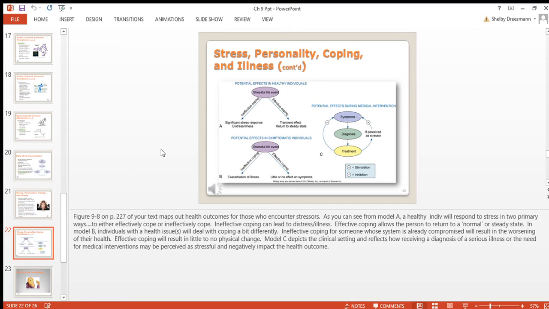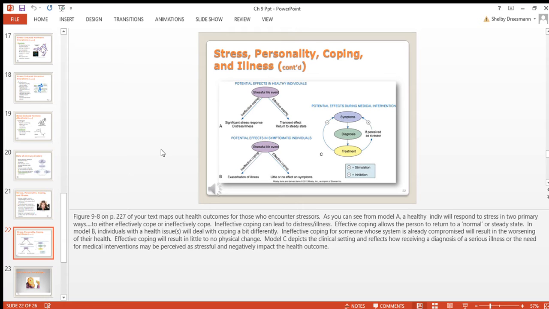Your text maps out health outcomes for those who encounter stressors. Model A is a healthy individual that responds to stress in two primary ways: to either effectively cope or ineffectively cope. Ineffective coping leads to distress and illness. Effective coping leads to a normal steady state. However, Model B is an individual with a health issue, so their immune system is already a bit compromised.